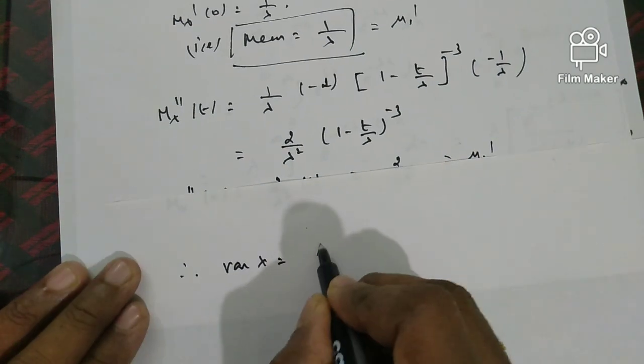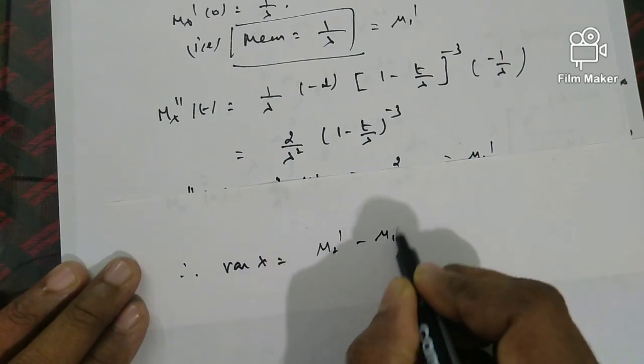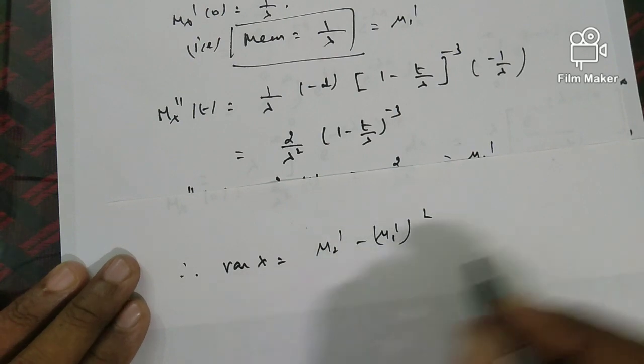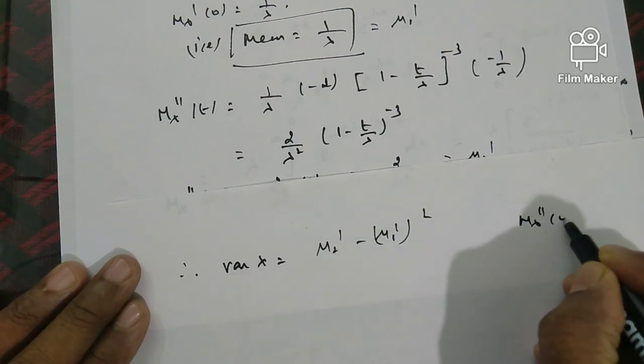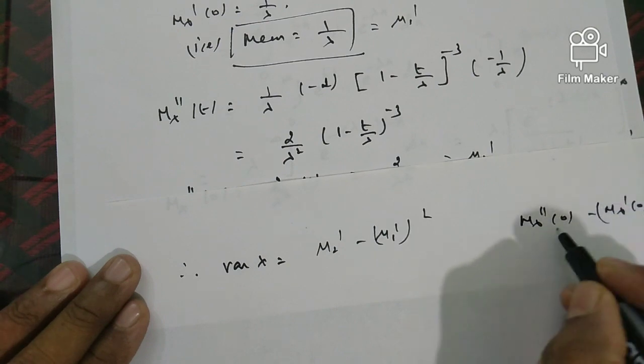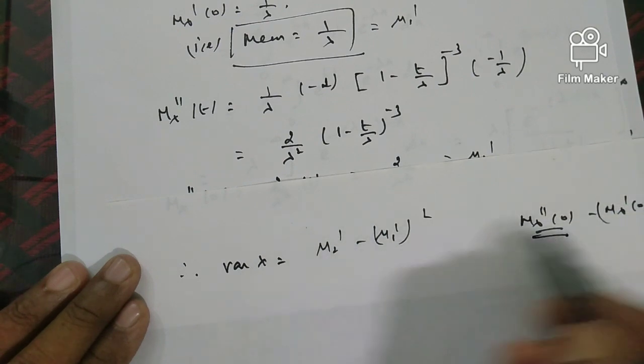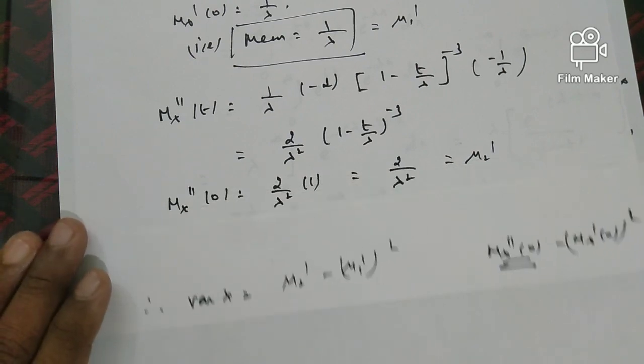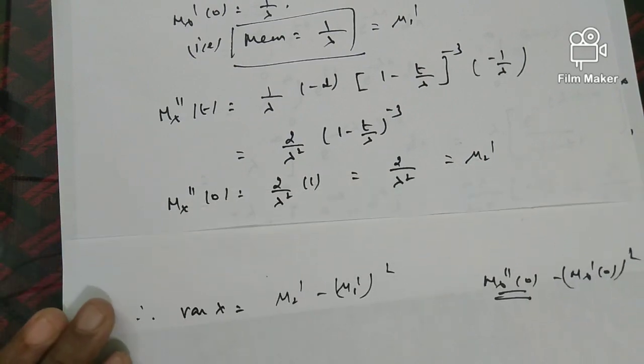So the variance result is mu 2 dash minus mu 1 dash the whole square, that is M_X''(0) minus (M_X'(0)) the whole square. So substituting that value we can get the variance.